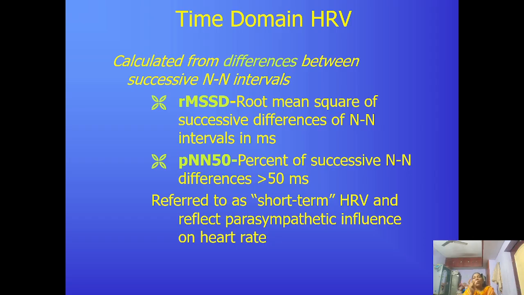In that, they obtain the root mean square of the difference between those signals. Like that, PNN50 is the percentage of successive N-to-N differences greater than 50 milliseconds. That is called PNN50. This RMSSD and PNN50, we call short-term HRV, and it reflects the parasympathetic influence on the heart rate.